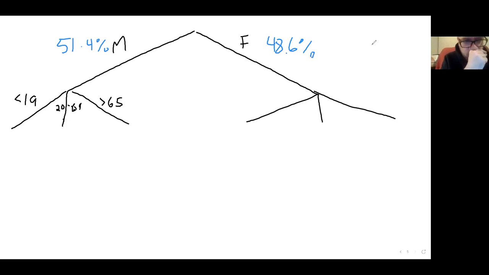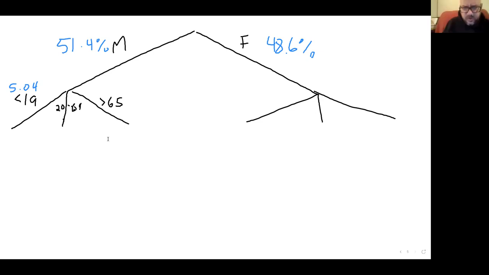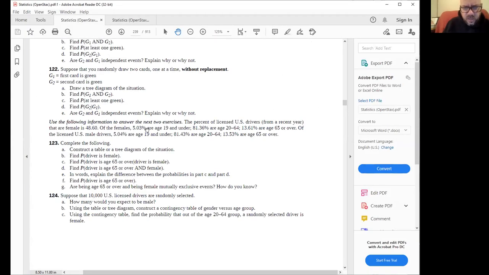And then for the men that were 19 and under, this was 5.04. I'm not going to write the percent signs. It just starts getting a little bit messy. Just realize that this thing's a percentage, and so are these other ones. And then we had some other numbers for the men: 5.04, 81.43, and 13.53.